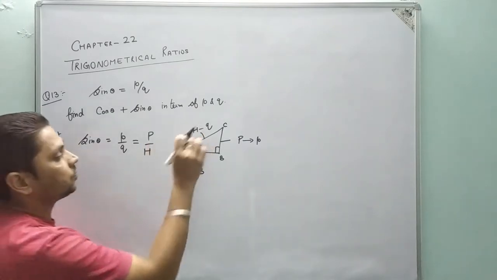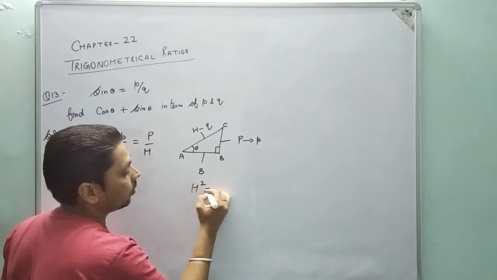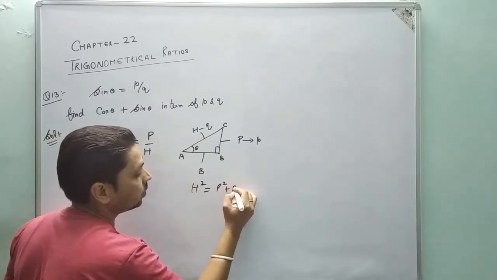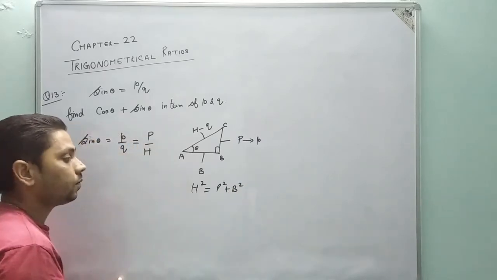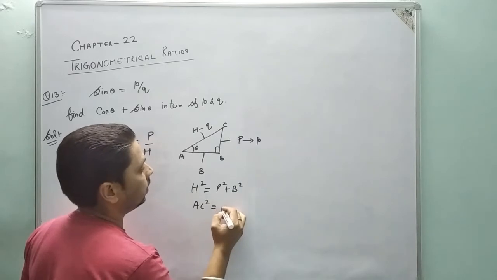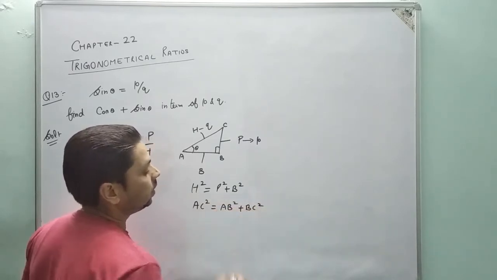So we'll first find the value of AB. According to Pythagoras theorem, hypotenuse square is equal to perpendicular square plus base square. So AC whole square is equal to AB square plus BC whole square.